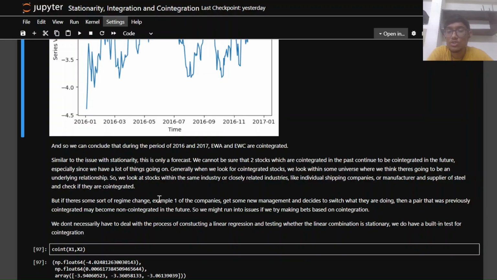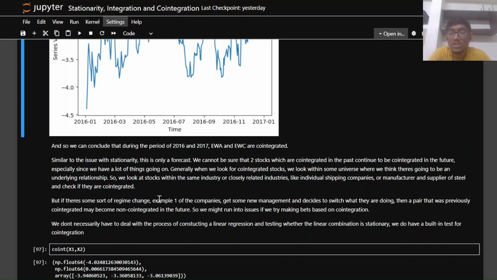Now, similar to the issue with stationarity, this is only a forecast, and we cannot be sure that two stocks which were co-integrated in the past continue to still be co-integrated in the future, especially when we do not have a lot of things under our control. Generally, when we look for co-integrated stocks, we look within some universe where we think there is going to be some underlying relationship governing it.